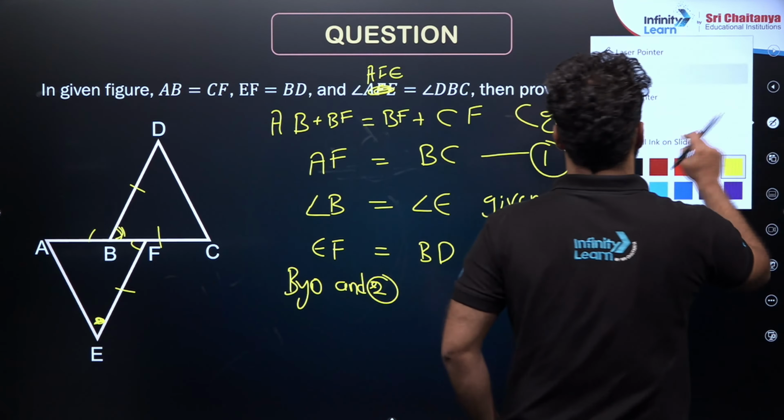This angle and this angle are equal, and the lines joining them are also equal. So using SAS, these two triangles are congruent, by 1 and 2, and by SAS triangle ABC, triangle AFE is congruent to triangle... Now, the first triangle you can write in any order. For the second, you have to be careful.